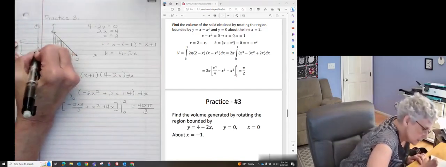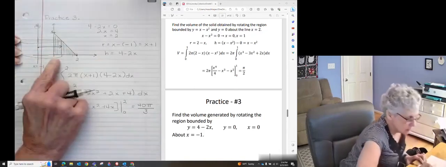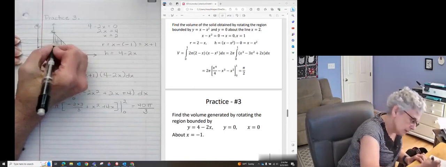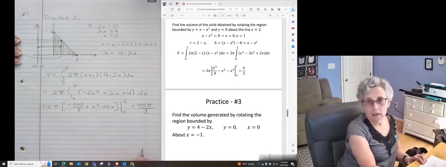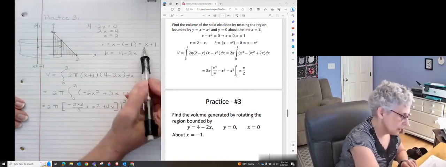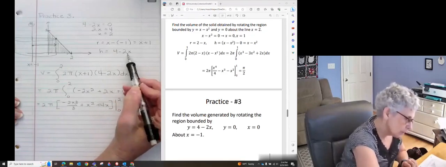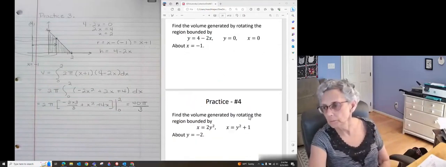So my radius is the distance from x equals negative 1 to one of my slices along the x-axis. And then the height is just the height of that line at that point. So radius x plus 1 or x minus negative 1. Height 4 minus 2x. And then it was easy.